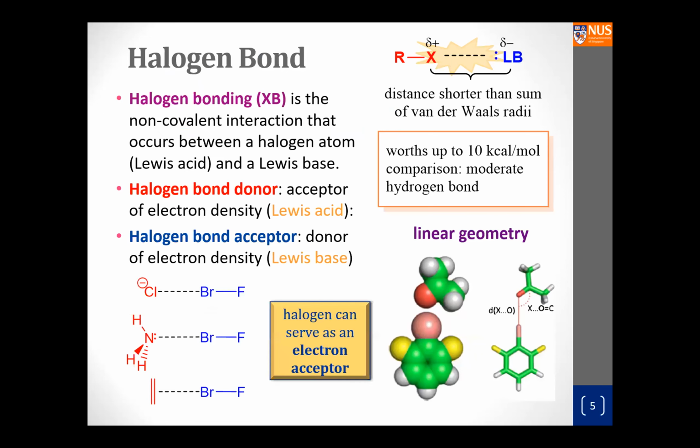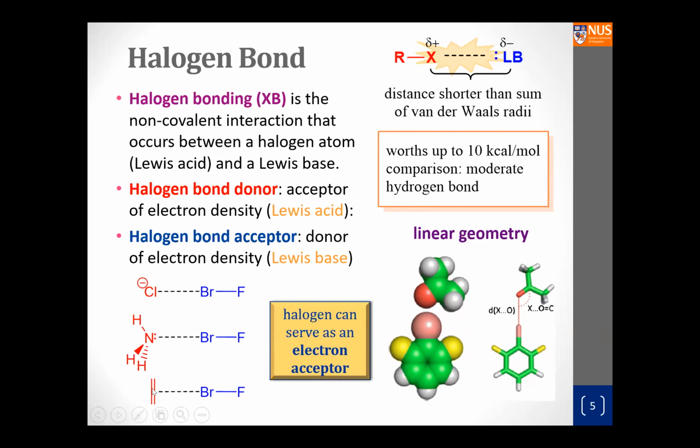So what is halogen bond? It is a non-covalent interaction occurring between a halogen atom and a Lewis base. Interestingly, in this case, the terminology is that the halogen bond donor is actually the acceptor of electron density, and the halogen bond acceptor is the donor of electron density. Here are some simple examples, like bromine interacting with chloride anion, with ammonia, or even with a pi-type bond.